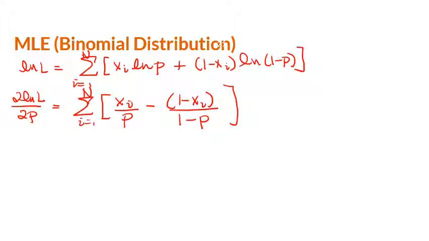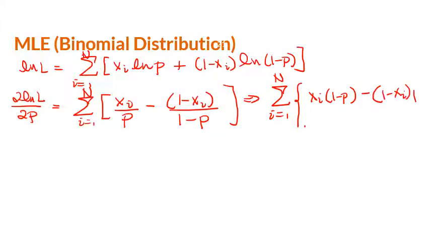Okay, let's further simplify this. So i-combine na natin. So this becomes summation of i from 1 to n, x sub i times 1 minus p, minus 1 minus x sub i times p, all over p times 1 minus p. Okay, mas maraming algebra. Let's continue.